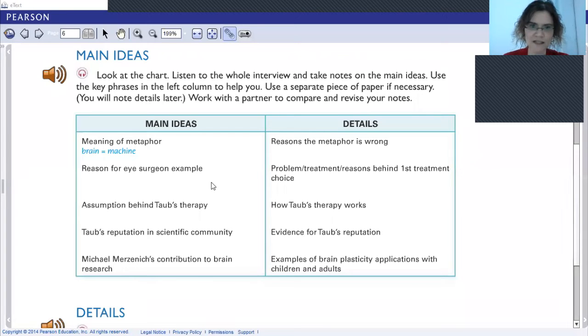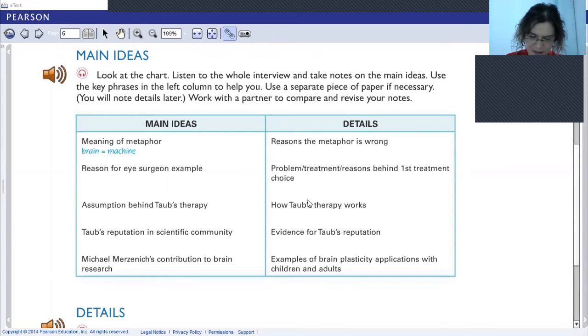So you can see here that the main points are connected to the details. This main point is connected to this detail, and this one is connected to this detail, and this main point is connected to here. So you really go from left to right, and they're connected. Next, Taub's reputation in the scientific community. Now we're looking at the details of evidence for Taub's reputation.